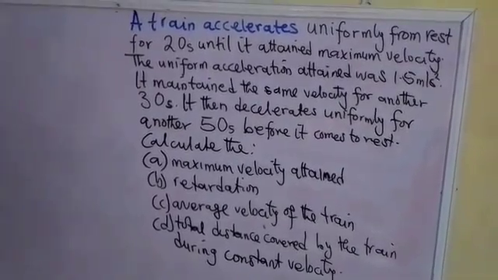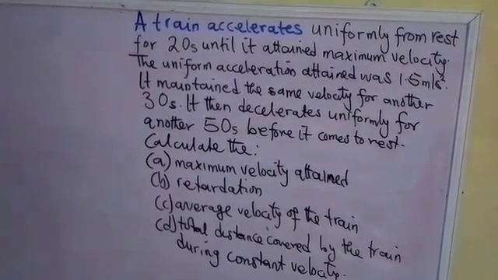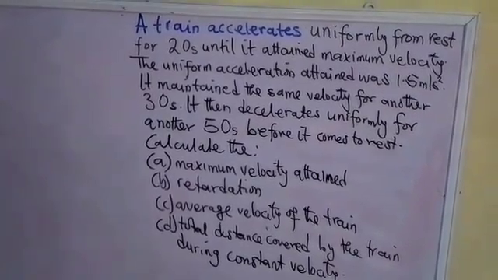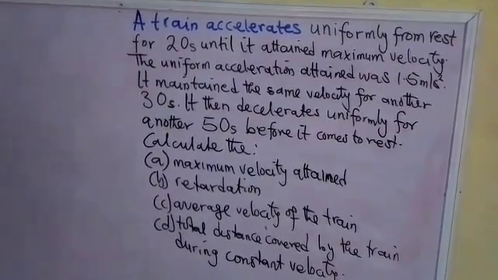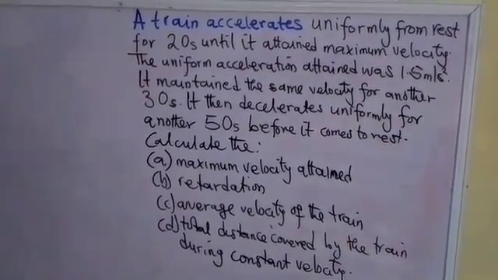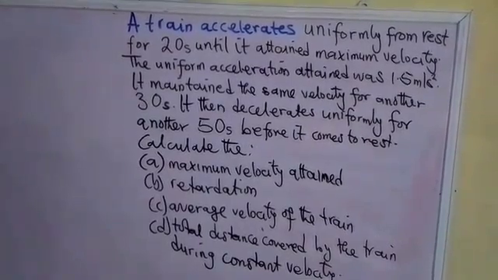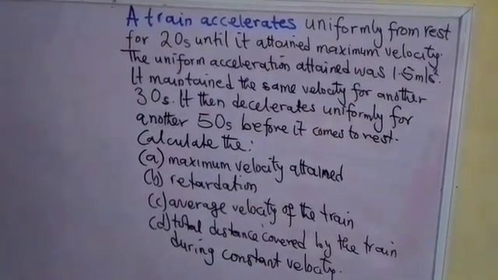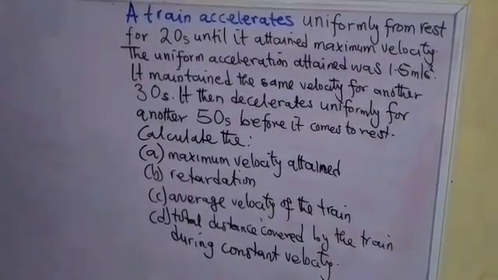It then decelerates uniformly for another 50 seconds and comes to rest. Here we're asked to calculate the maximum velocity attained, the retardation, the average velocity of the train, and the total distance covered by the train during constant velocity.